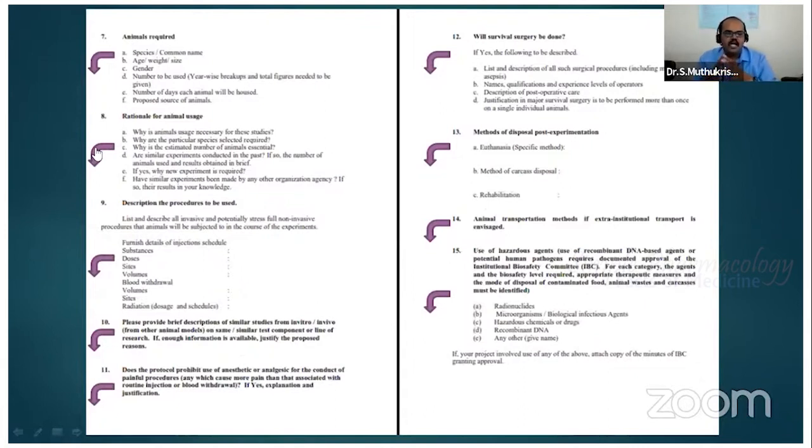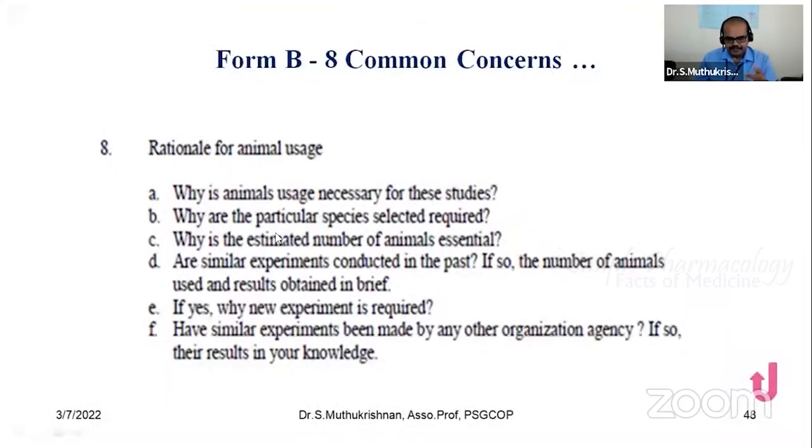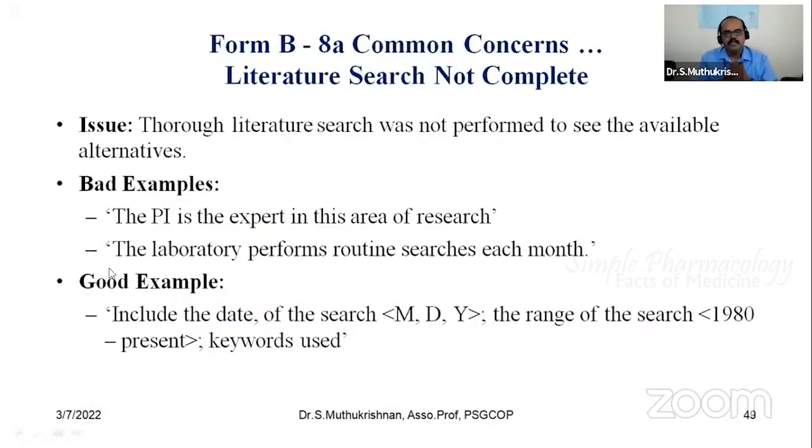Rationale of animal usage. In part 7 you state what kind of species you want; here you have to justify it. Why is this particular animal species necessary? You can't say, sir, based upon the literature survey. That's not a good answer.